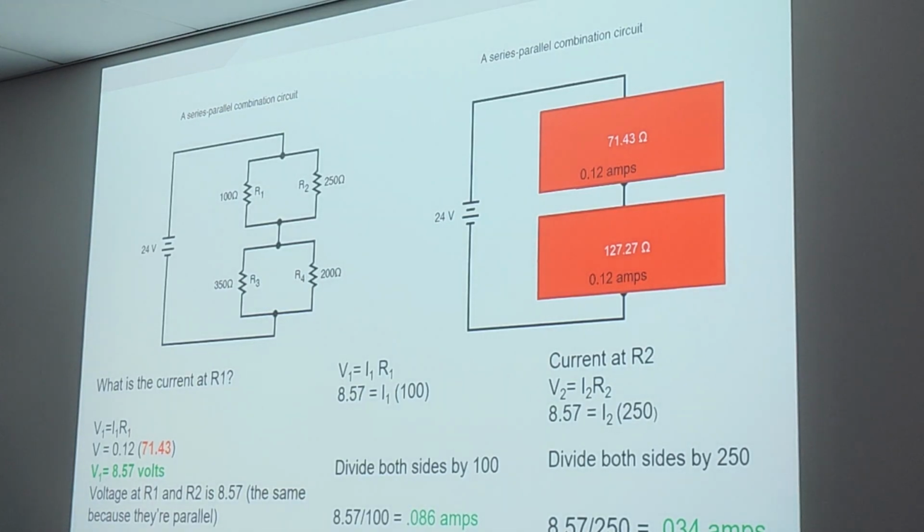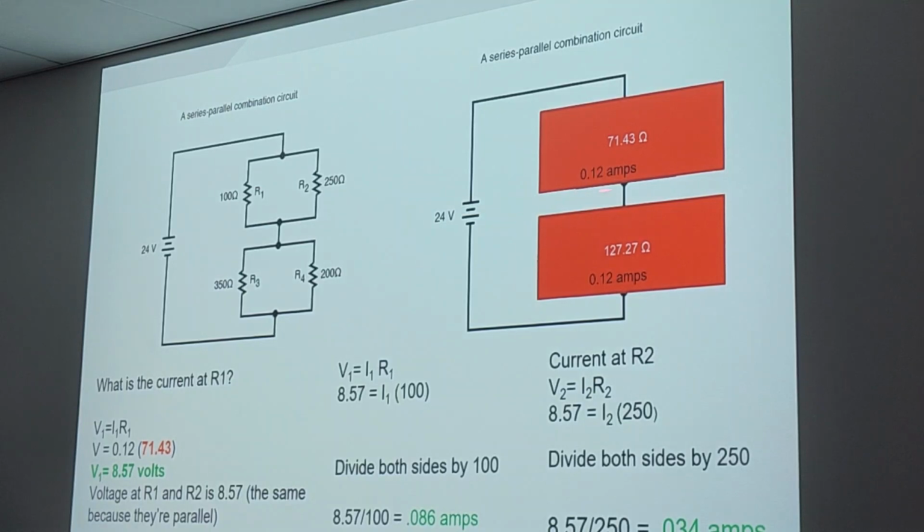For a series-parallel combination circuit, first you need to find the total resistance, right? That's the whole 1 over R, finding the least common denominator, then cross multiplying and dividing to get the total resistance. Then you divide the voltage, that 24, by the total resistance to get the total current.